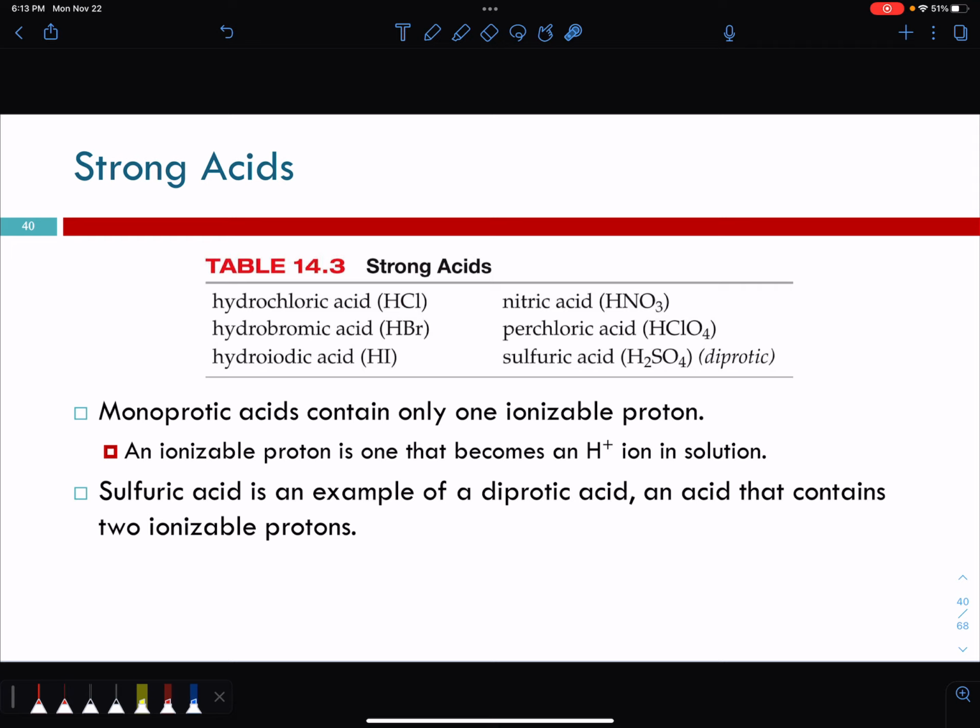They're all listed here. These are all strong acids. You can find this table, 14.3. Sulfuric acid is a diprotic strong acid, so both of those will completely ionize in solution. There are some that don't, so the ionizable proton, again, is that first one.